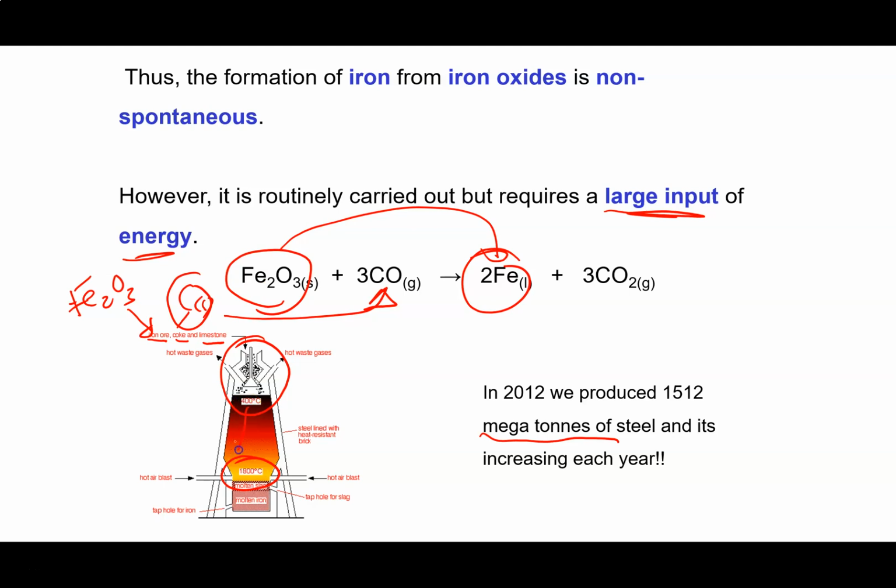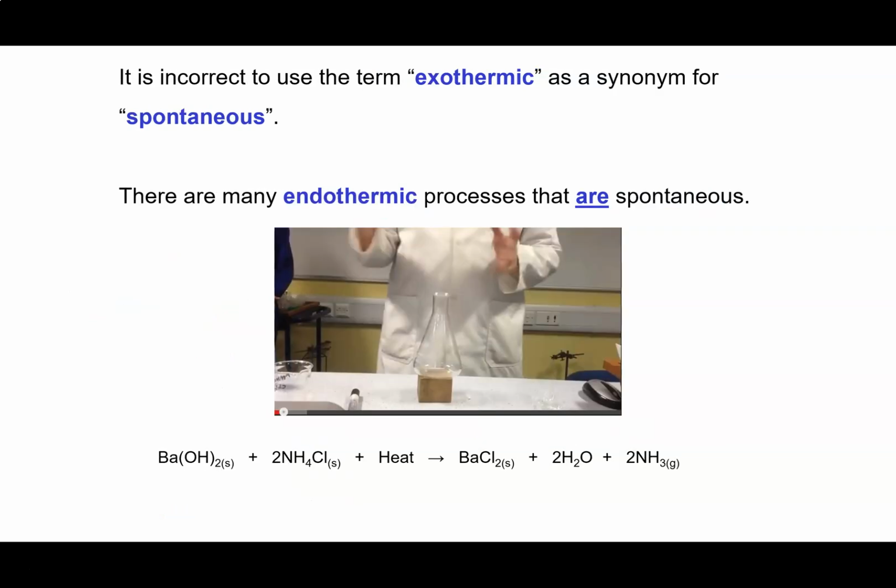So it's kind of cool. The reaction actually occurs between the solid iron oxide and gaseous carbon monoxide as the iron 3 oxide falls through the furnace. So it happens from the top down, and it's a reaction between a solid and a gas that gives rise to the iron.